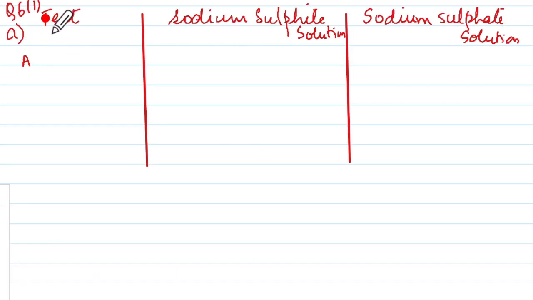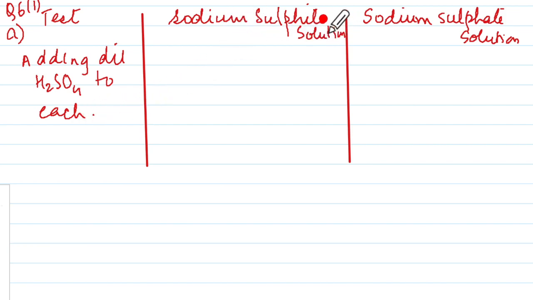For question 6, first part A, we have made the 3 columns and sodium sulfite solution is given, sodium sulfate solution is given, and they are asking you to distinguish using dilute sulfuric acid. So we add dilute sulfuric acid to each.